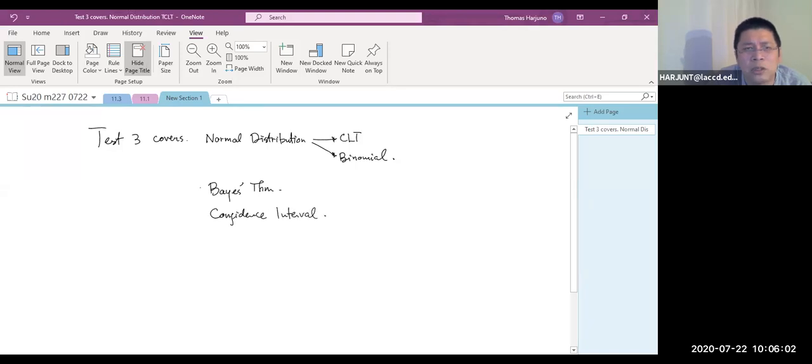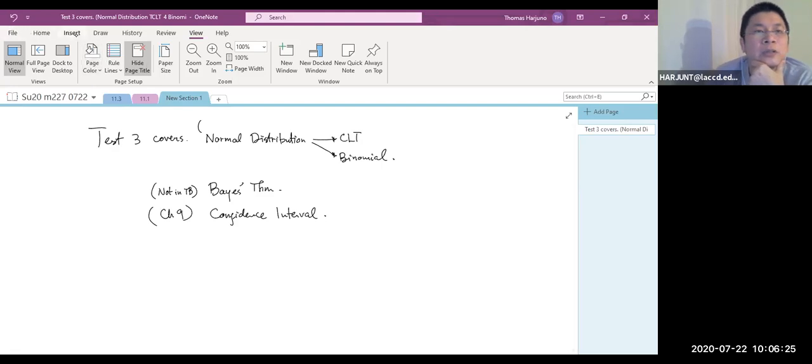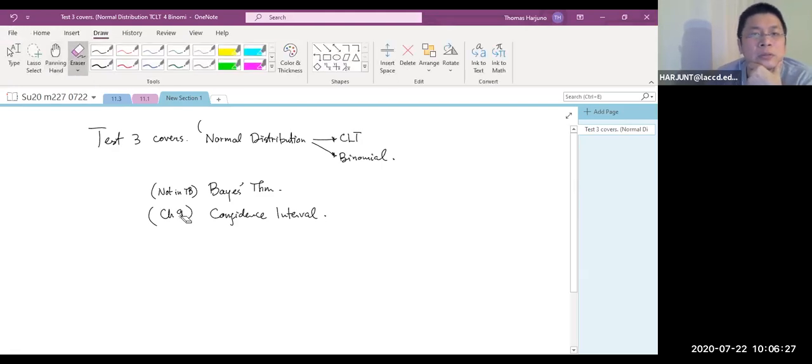So Bayes theorem is not in the textbook. Confidence interval, I believe, is chapter 9. And normal distribution is, oh, no, confidence interval is chapter 10. Confidence interval is, hold on.